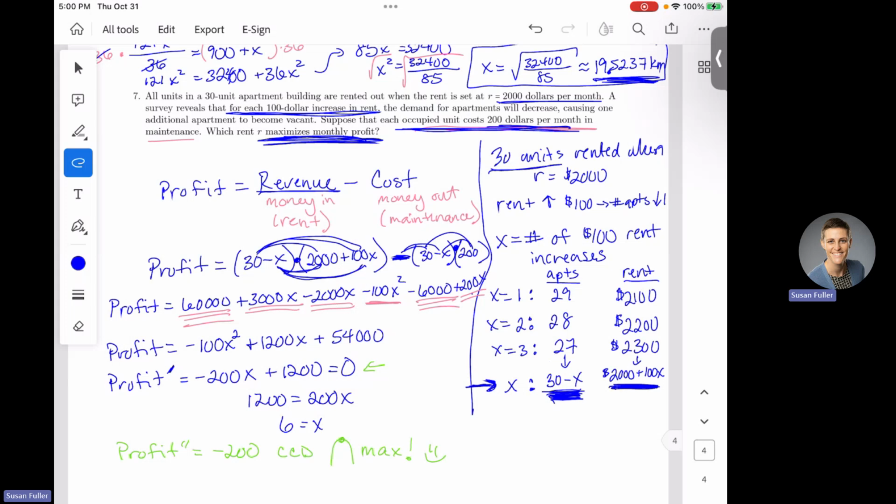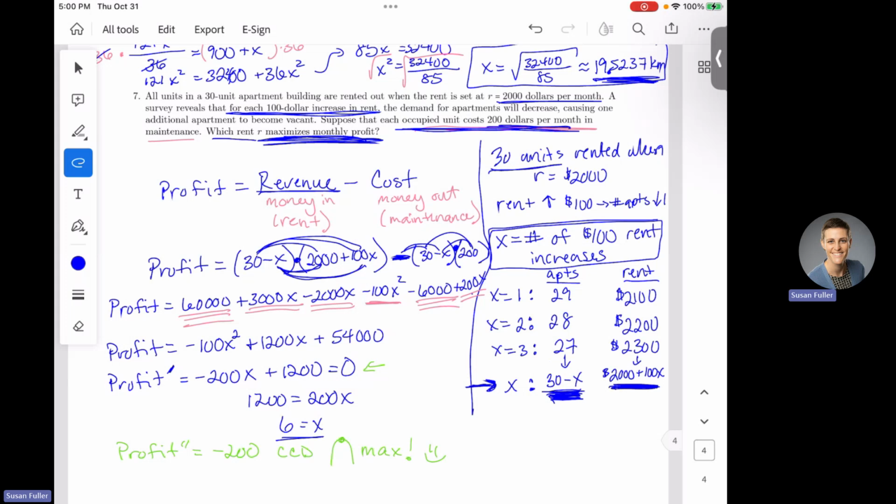So now I know that x is 6. And remind me, x was the number of times that we increase the rent by $100. So we're going to increase the rent by $100 6 times. And so we're going to increase the rent by $600 total.